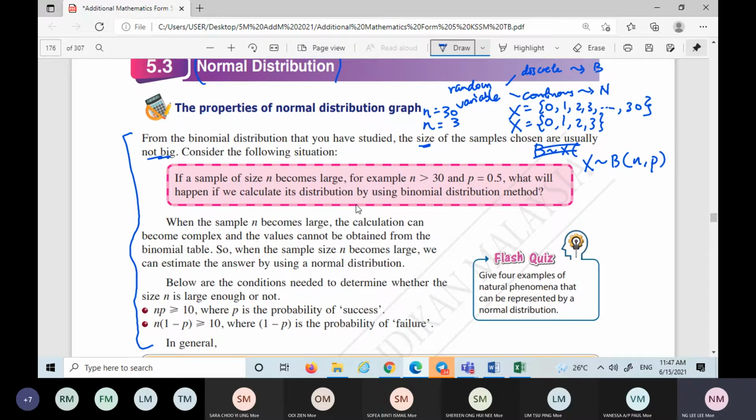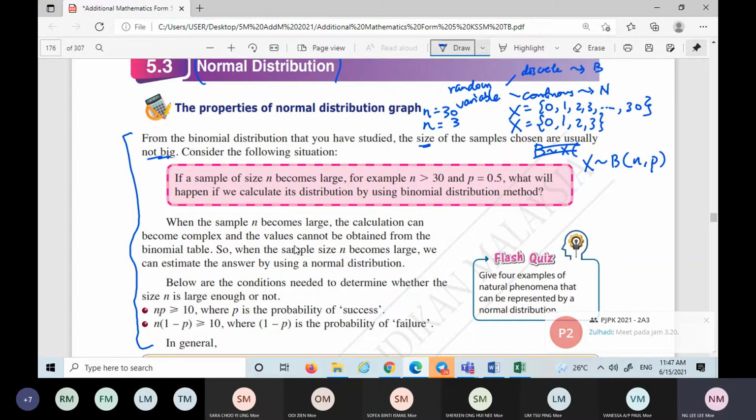So what will happen if we calculate its distribution by using the binomial distribution method? If the n is more than 30, you got to calculate one by one the probability, meaning 31 of it. It's quite impossible actually. So when the sample n becomes large, the calculation can become complex and the value cannot be obtained from the binomial table.